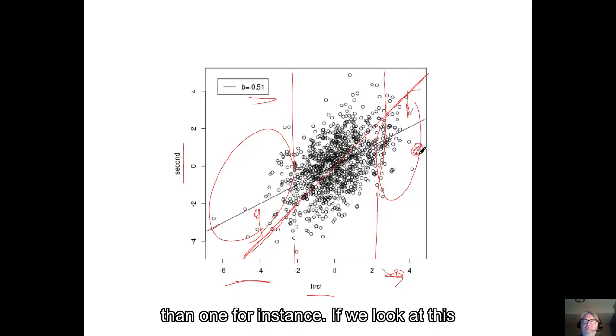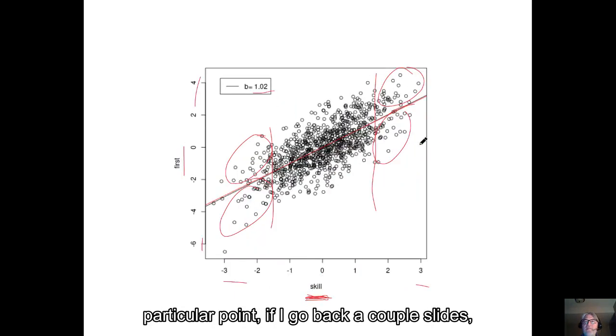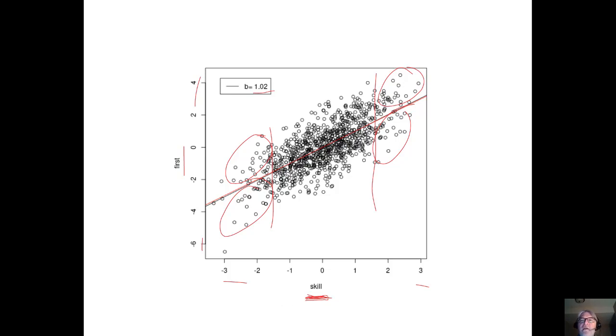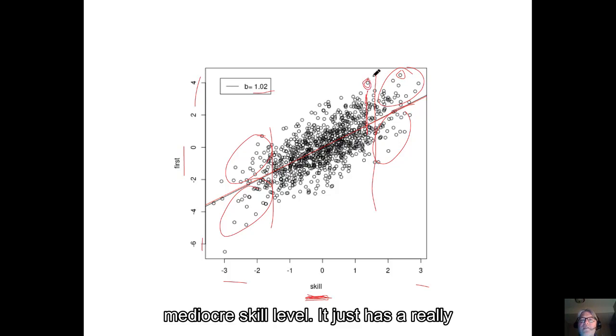For instance, if I go back a couple slides, here's the skill versus the first. The highest value of the first is right here, and maybe it looks like the third highest value is actually a pretty mediocre skill level. It just has a really high random effect that boosted that individual to having a first observation very close to 4.